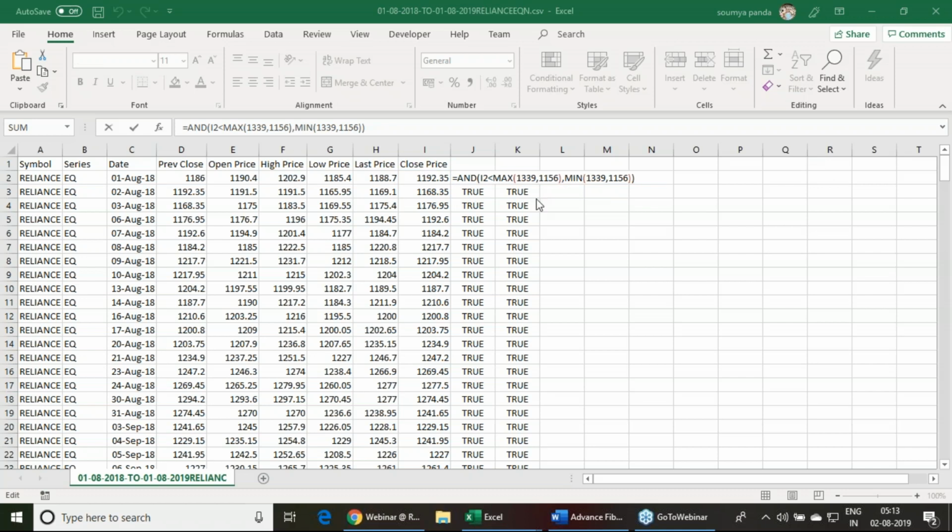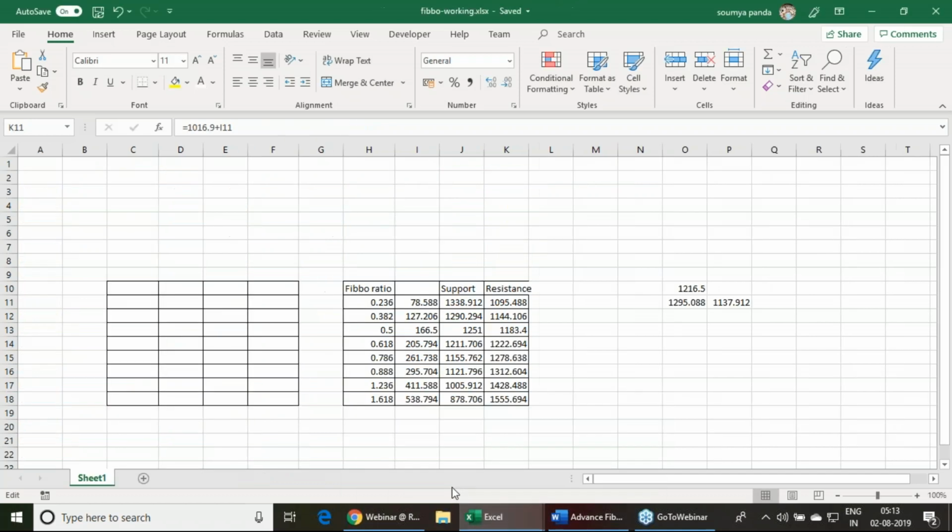I am using one Excel function. I am taking the closing price, and I want to find out how many times I have closed below 1339 and above 1156, which were my support levels.